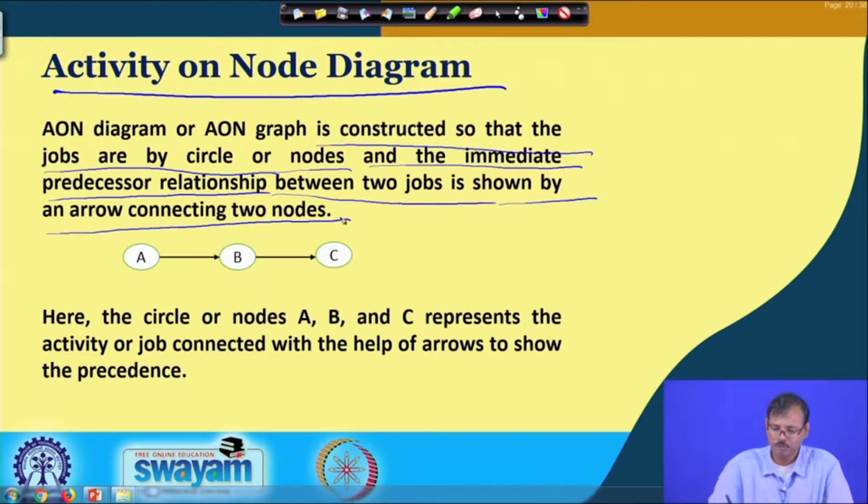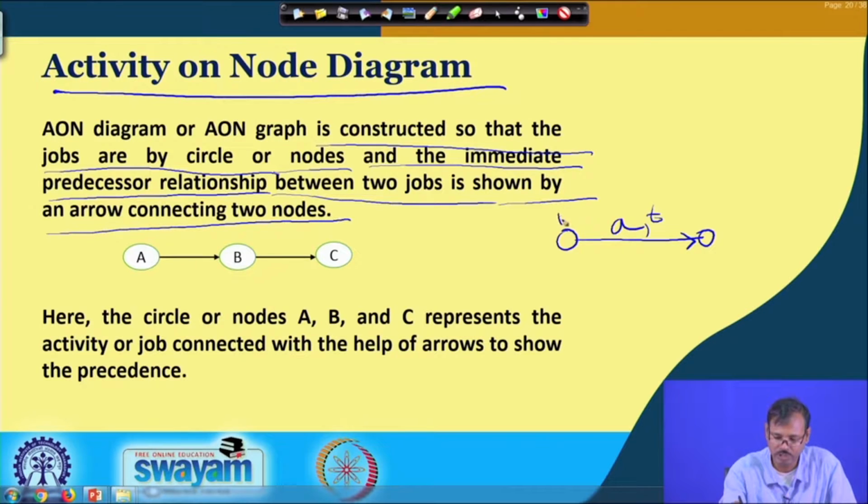That means, while in the arrow diagram we mention the job A of length t, which starts from node 1 to 2, in this case we represent a circle, which is the node, where we mention the job and its duration within the node.